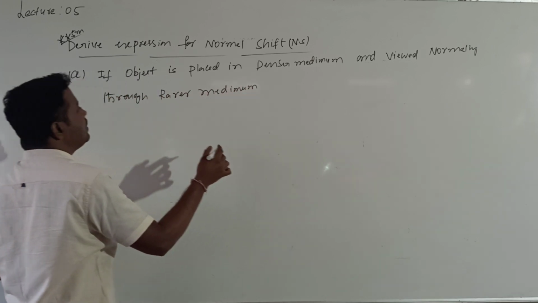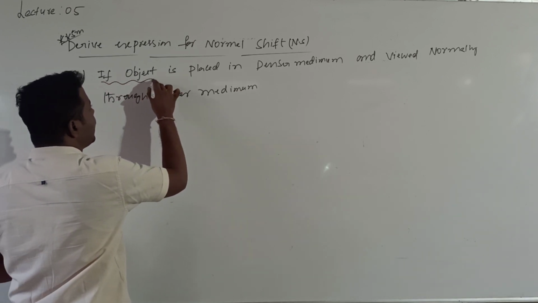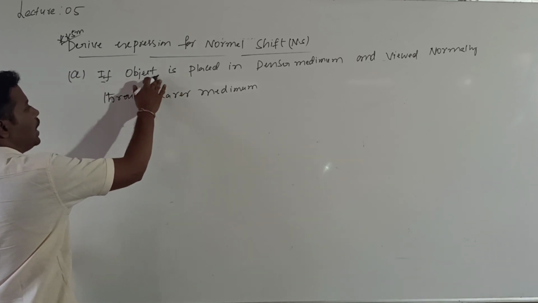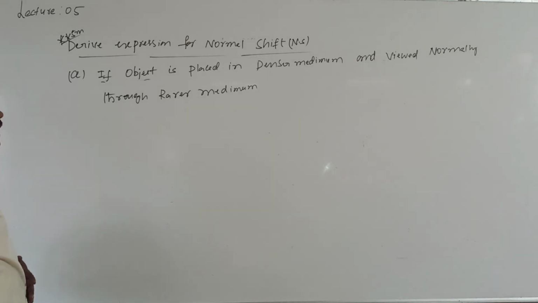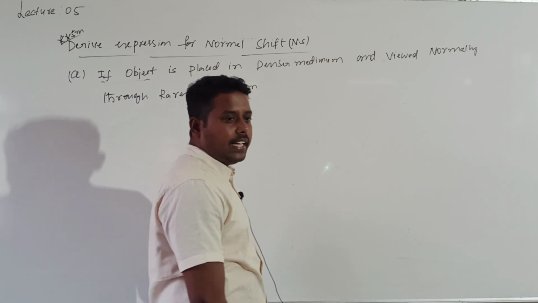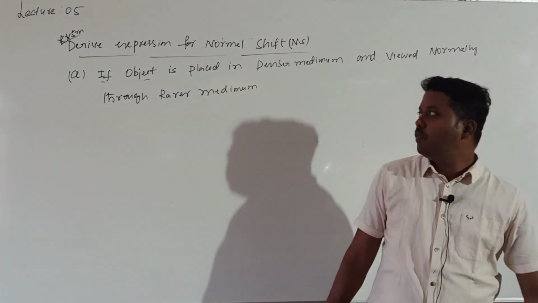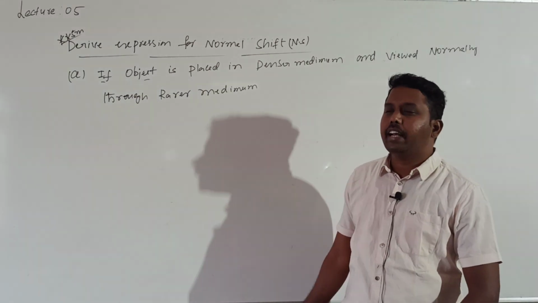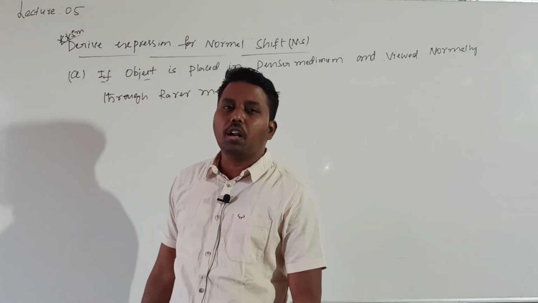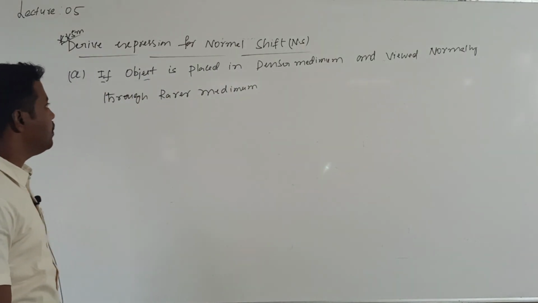This question can be asked for either 3 marks or 5 marks. Here the condition is also mentioned: you want to obtain the expression for the normal shift when the object is placed in a denser medium and viewed normally through the rarer medium.